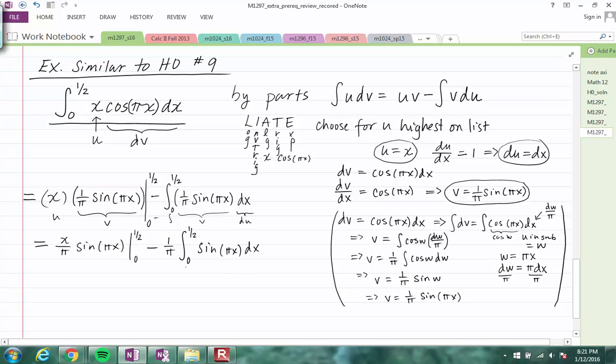And to note that what this is going to be is sort of like the integral just of sine x, which would be negative cosine, but it's got the original inside stuff, and then it's going to be times 1 over pi.